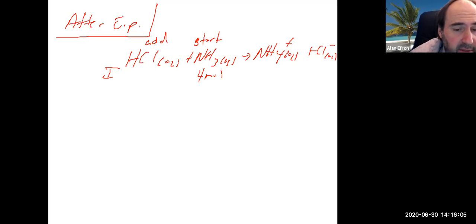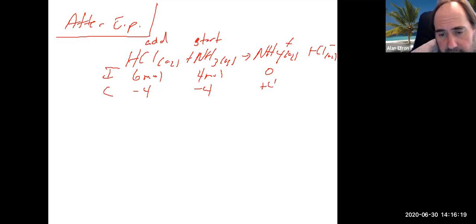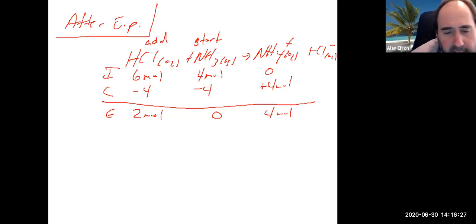So since we're after the equivalence point, the HCl that we're adding should be more than what we started with. Again, that's going to cause the change to occur that the ammonia in this case now will become the limiting reagent. So we'll end up with -4, -4, plus 4. And that will be 2 moles, 0, and 4 moles. Again, just like everything else we did after that first table, convert it back to molarity.